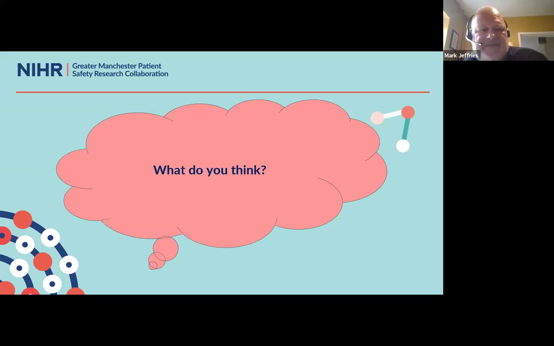There are human factors frameworks out there. I've not touched on human factors today because it's not really where I am. I've worked with several people who are human factors specialists, and I think I saw Adam was on the call earlier, who have more experience in human factors than I do. But there are frameworks you can use.